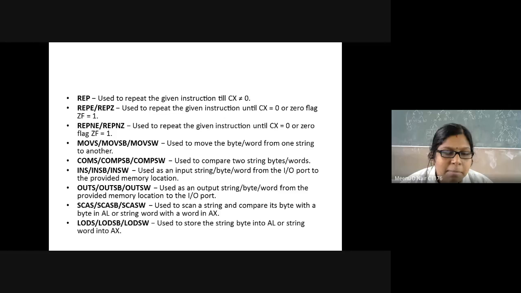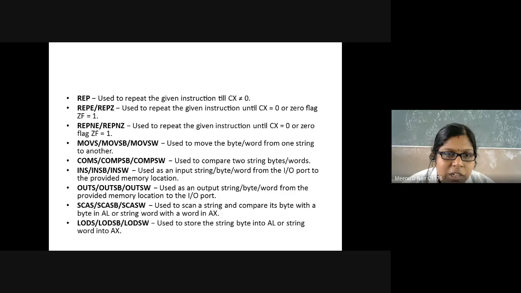If it is 16-bit, you are using AX. Normally, byte means you are using the lower part. AX has AH and AL, but usually you have to use AL only. Similarly, if you are using BX, the lower byte is always BL. So you have to remember that.